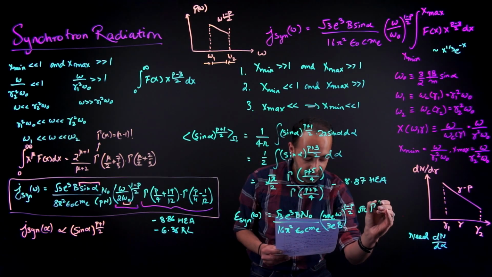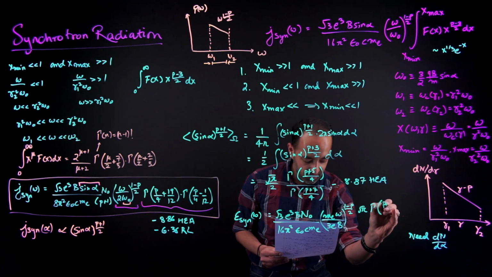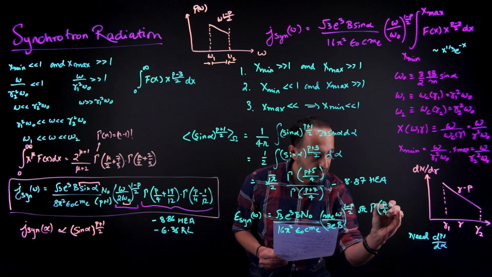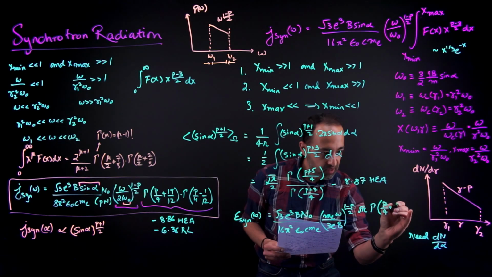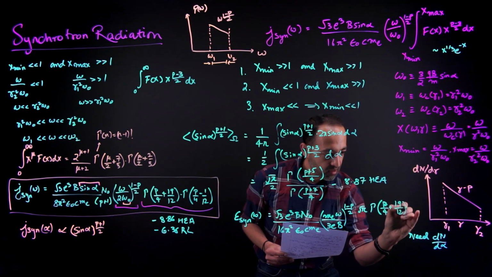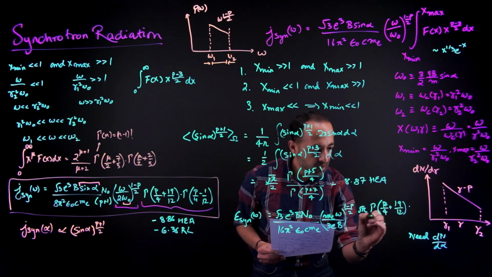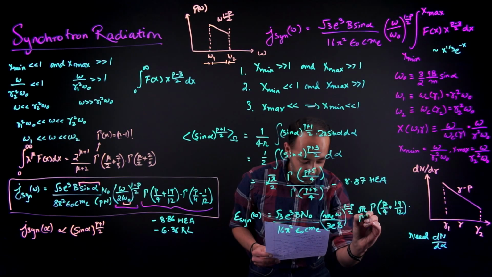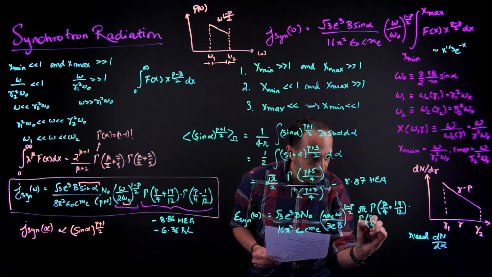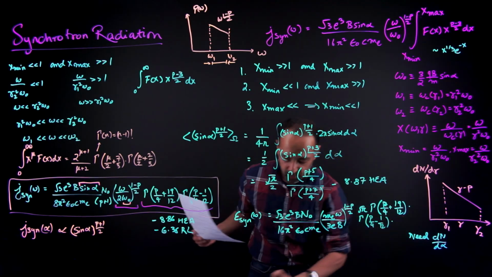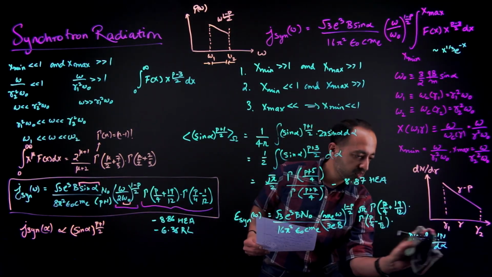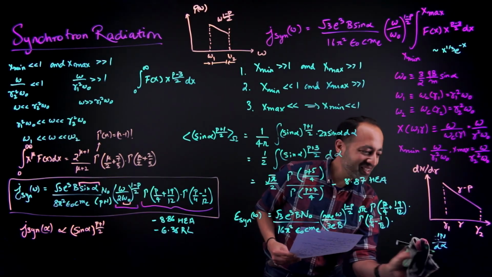So it's gamma of p over 4 plus 19 over 12 times gamma, well, I'm going to have to go down here, gamma of p over 4 minus 1/12 times another gamma function. I'm going to remove this because you remember that.